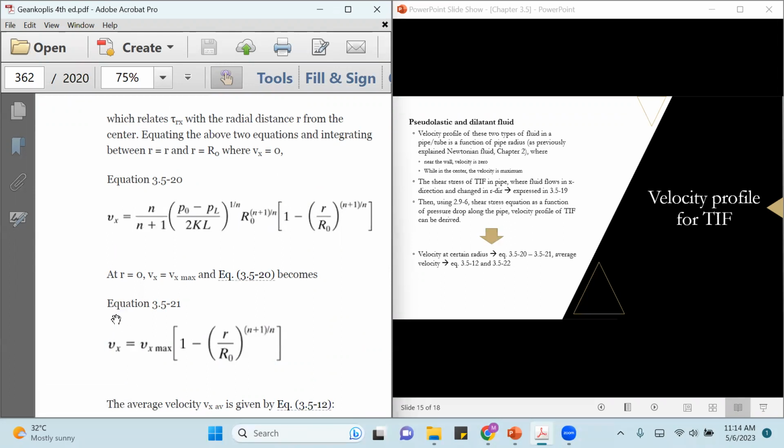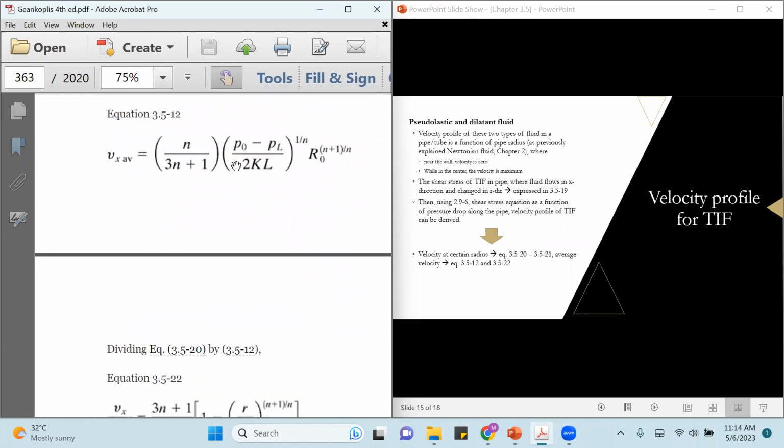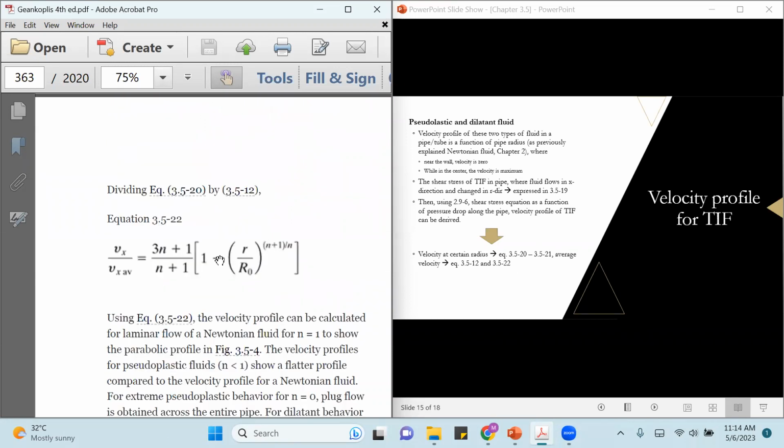If I want to know the velocity at this r, then you can use these two equations. We will also know the average velocity by using these two equations, 12 and 20.